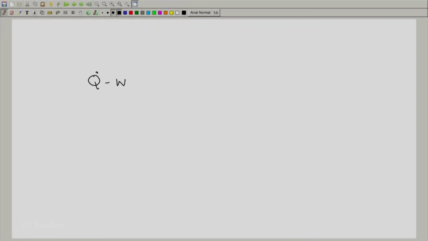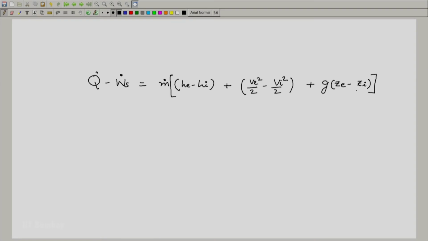Q dot minus W dot is equal to m dot times he minus hi plus Ve squared by 2 minus Vi squared by 2 plus g times ze minus zi. And we said that W dot S is 0.